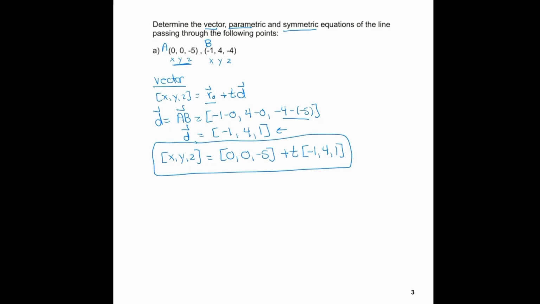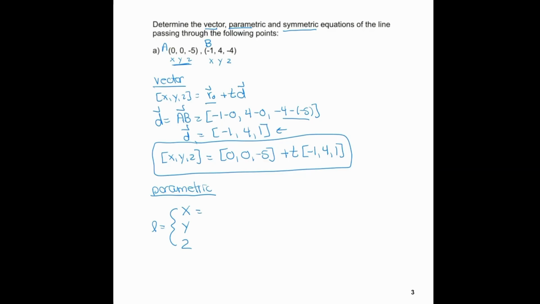So now let's break that down into a parametric vector. And remember, a parametric vector just breaks the vector equation into its x, y, and z components. And we can write that. Sometimes you'll see it written like this. Sometimes you'll see it just as x, y, and z.